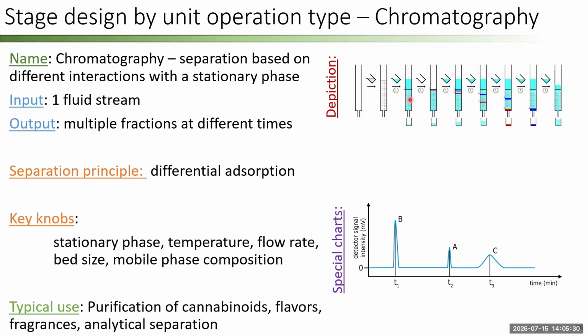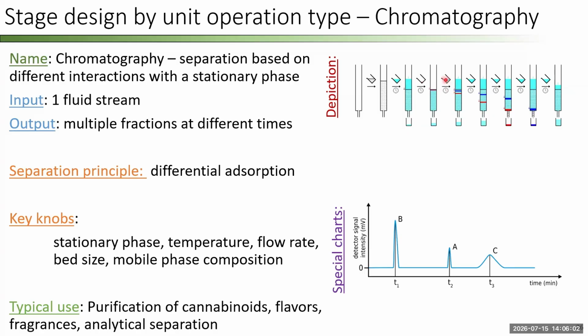What we do is we fill our column with that mobile phase, and it starts flowing through that column. We then take whatever material we want to separate, shown there in purple, and in a short period of time, add that on at the top of the chromatography column.